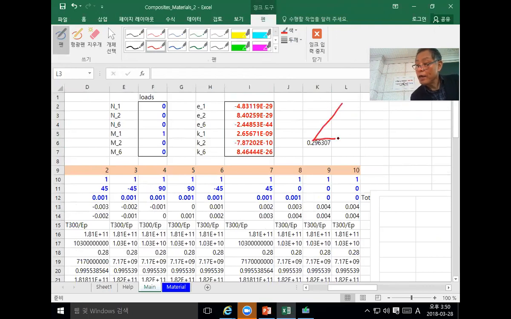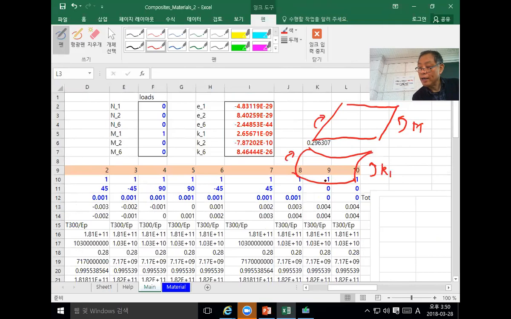So if we have a plate like that, and we have a bending moment, we always have a bending and anti-bending. See, this is the moment we apply, and this is the curvature, and this is the reverse curvature in the other direction.